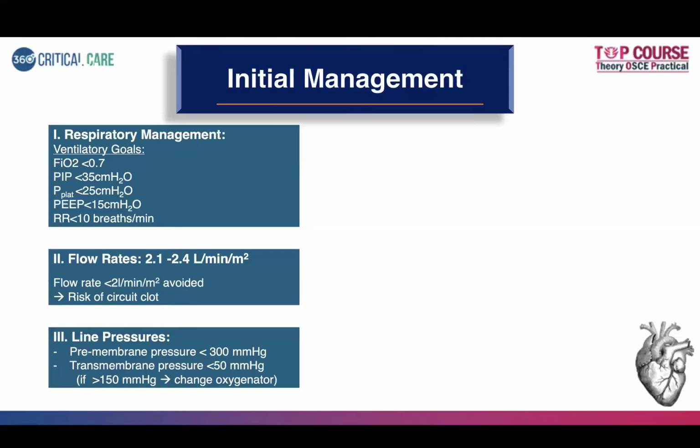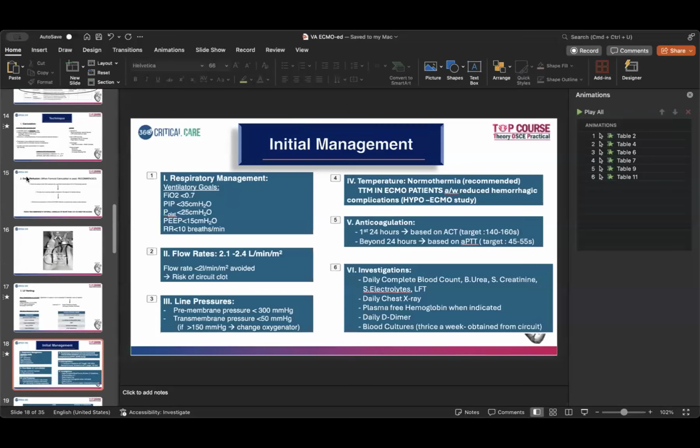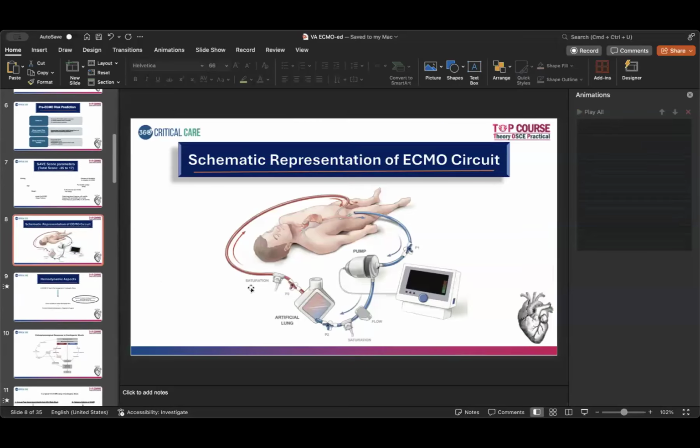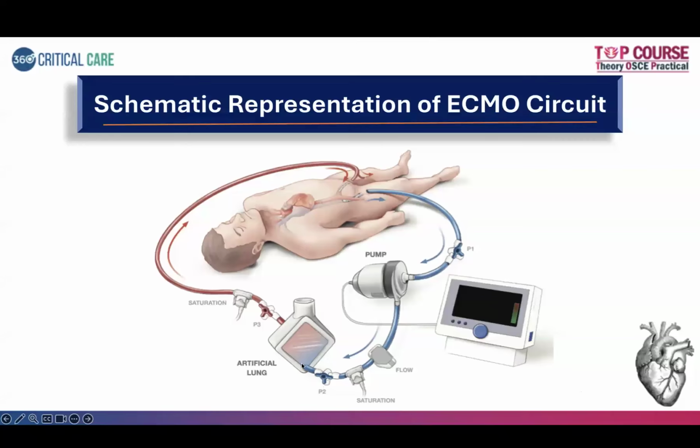Just to show you where we check the pre and post membrane pressures, I'll just show you that. One second. So here you can see that P2 and P3 are there. This is the pre-membrane and the post-membrane. The difference between those two will give you the transmembrane pressure. Normally it is less than 50, but if it goes more than 150, then it's a high indication that the oxygenator is non-functioning, so it needs to be changed.